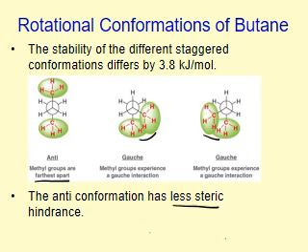Now, if you were to build a model and hold it in the anti-conformation and then rotate it around, it actually looks like this in terms of its three-dimensional shape. That's why when we draw bond line formulas for alkanes, we tend to draw them with this zigzag conformation, because that's their lowest energy conformation.